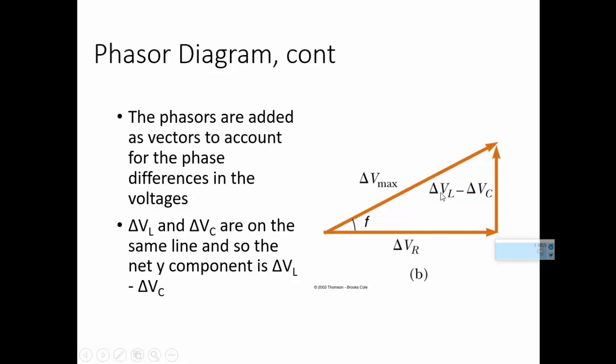But in terms of the RMS values, this can be calculated as I times XL minus I times XC, and this one can be IR. If you cancel out all the I's, you can write this one as XL minus XC, and here we can have just R.